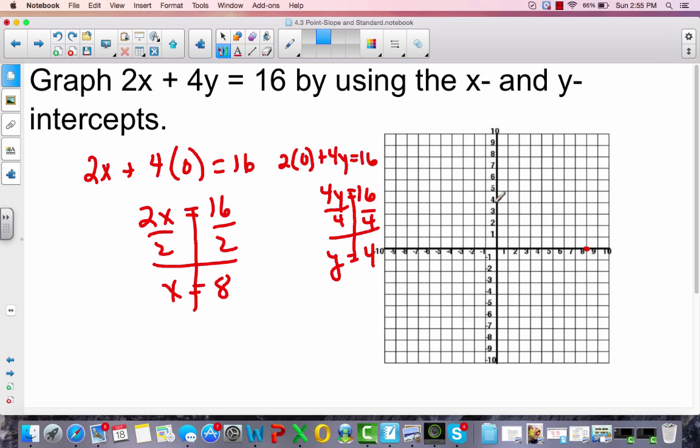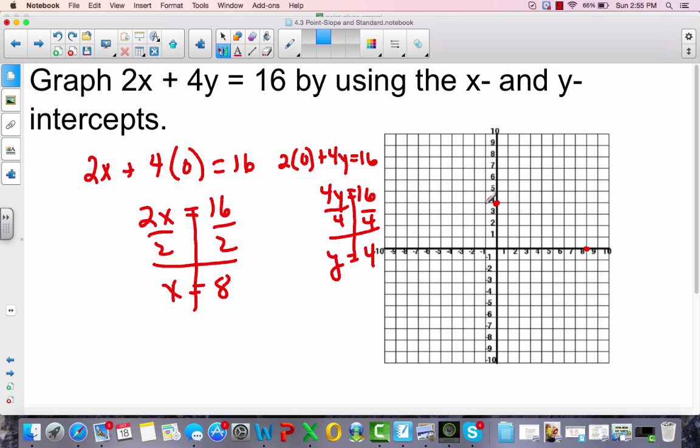So we come over here and we put our dot at y = 4, and we draw our line through the points, and we've got it done using the x and the y-intercept. So the way we found the y-intercept was we let the x equal 0. The way we found the x-intercept is we let the y equal 0.